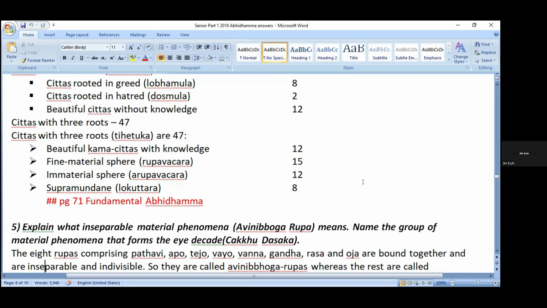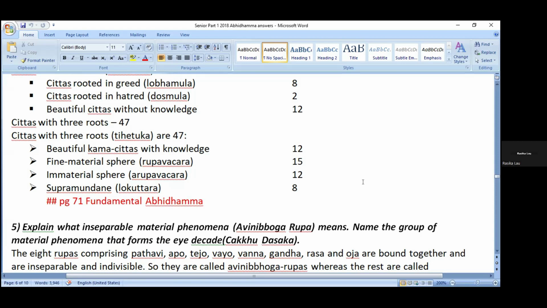Then another one is the Utu, so that is eight. As a group, name the group of material phenomena that forms the eye decad, Chakku Dasaka. That means the eight inseparable material plus the eye makes nine, then plus the object, so total ten.